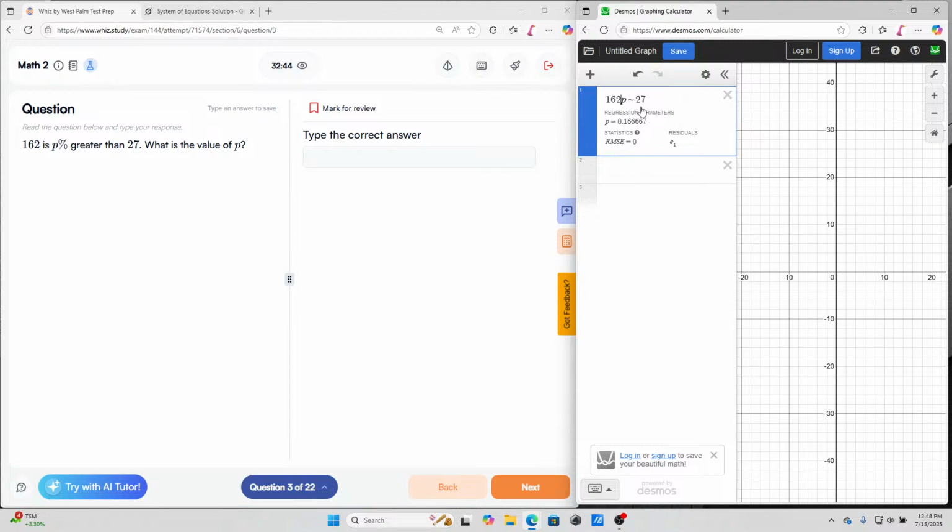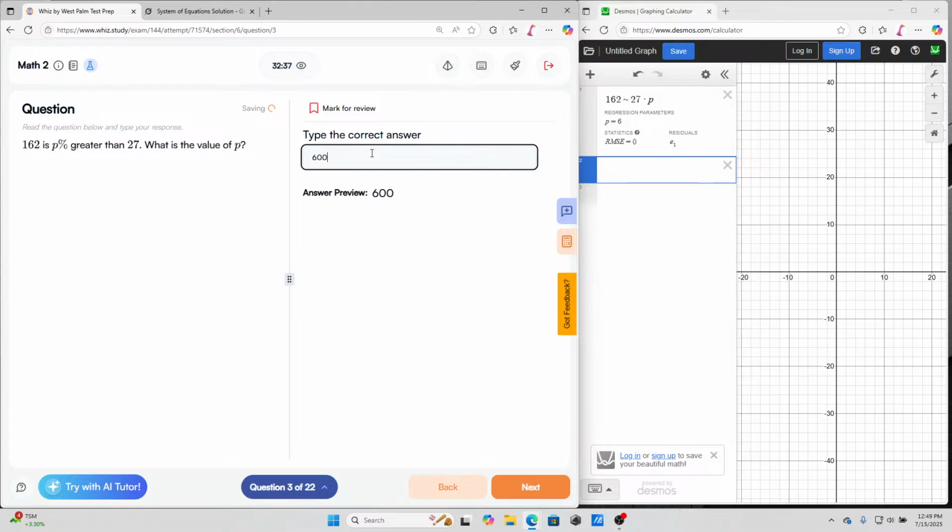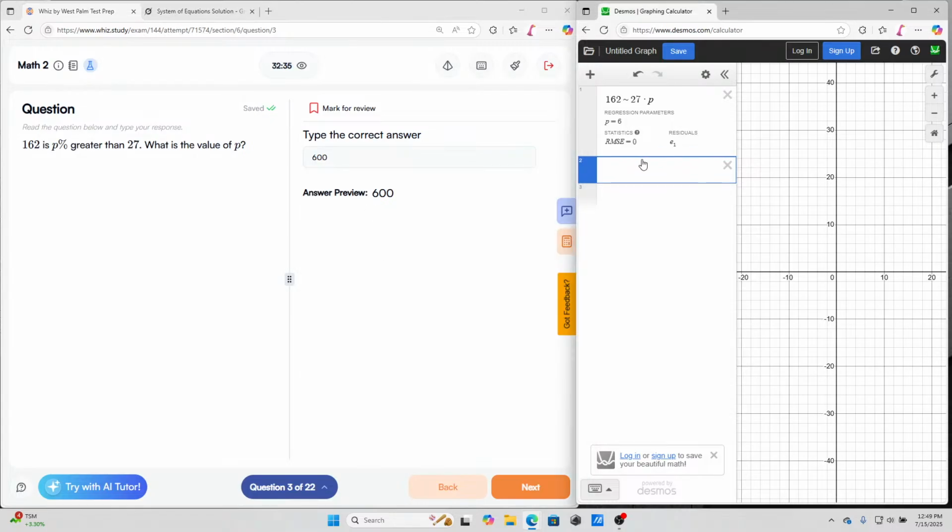Oh wait, I did this wrong. 27 times p, 6, so it's 600%. So 27 times 600%, wait, 600% of 27 is 162. Alright, good.